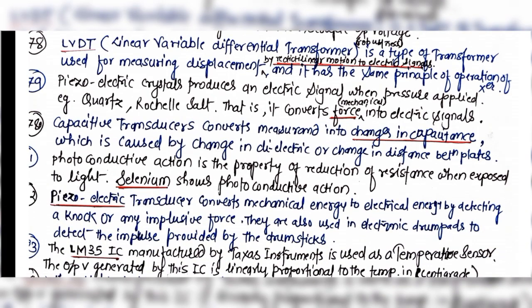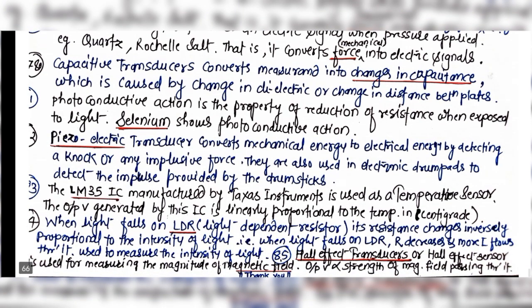Photoconductive action is the property of reduction of resistance when exposed to light. Selenium shows photoconductive action. Piezoelectric transducers convert mechanical energy to electrical energy by detecting a knock or an impulsive force. They are also used in electronic drum pads to detect the impulse provided by the drum sticks.